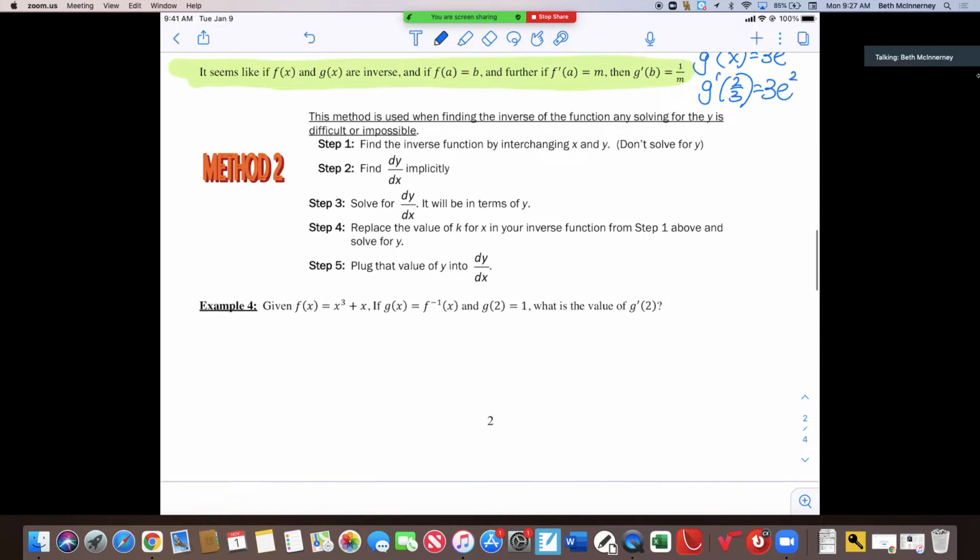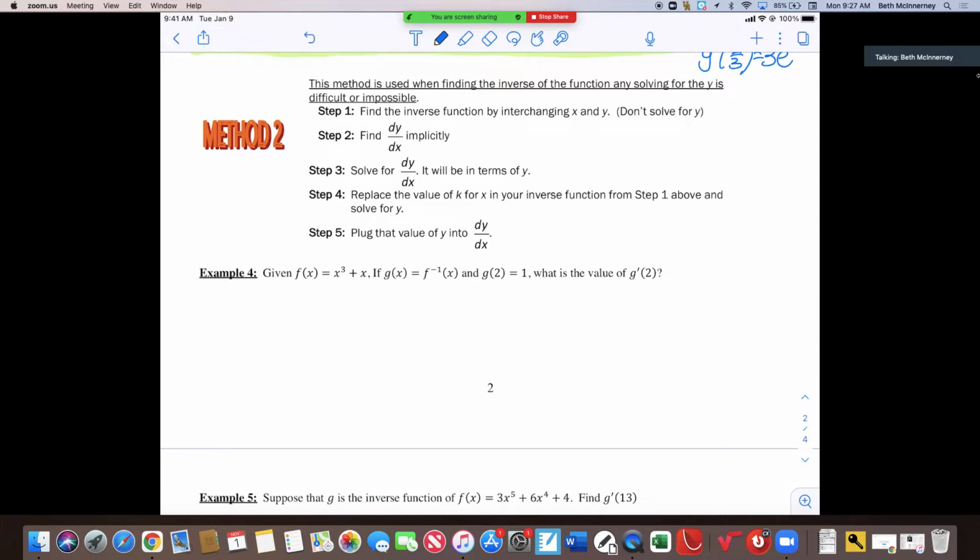So watch this. In example 4, you're given f of x equals x cubed plus x. If g of x is the inverse of f and g of 2 is 1, what is the value of g prime of 2? So watch this. We're going to switch x and y, but algebraically, it's impossible to get y alone. We cannot do it.